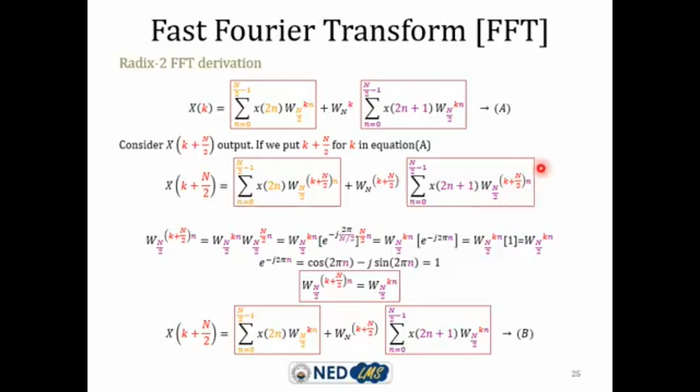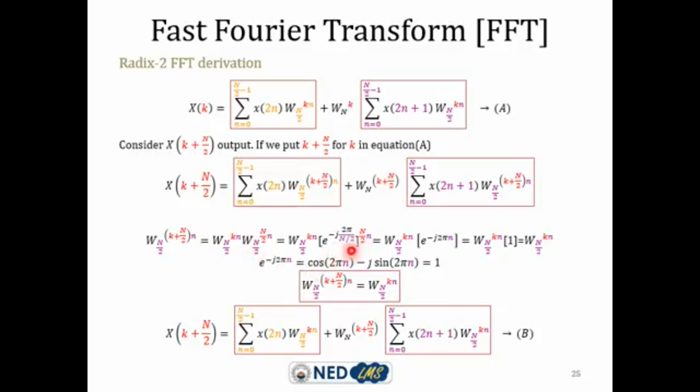Now let's consider this factor which is present in both the N by 2 point DFT equations and try to simplify it. So this factor is here. When we open the bracket, we will get these two terms, and we can simplify the second term very easily if we apply the definition of the W factor. So this W N by 2 can be written mathematically as exponential minus j 2 pi divided by N by 2.